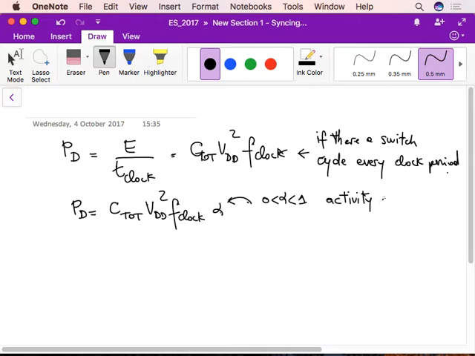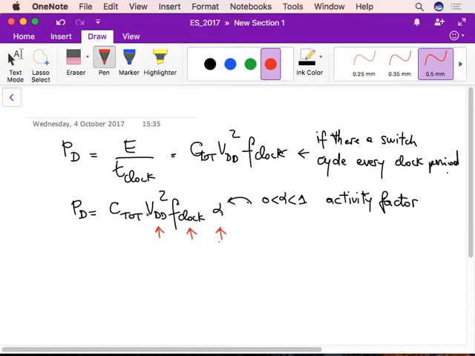Now, you should consider these two important parts: the dependence on the supply voltage to the power of 2, and the linear dependence on the clock frequency. And also this is important, the dependence on the activity factor. So if you don't let all your digital blocks switch every time, you can save energy.